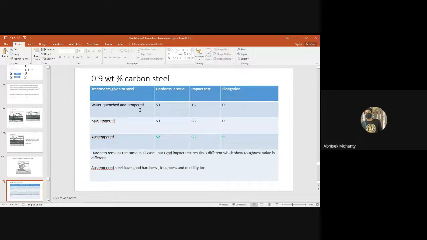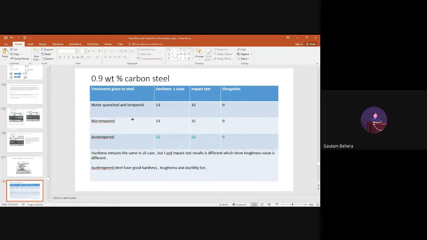Sir, ferritic transformation. Can you justify how ferritic transformation? How can you say ferrite? Can you justify that? What is the weight percentage of carbon in steel? Abhishek Mohanty, can you tell me up to what weight percent we will get only ferrite?